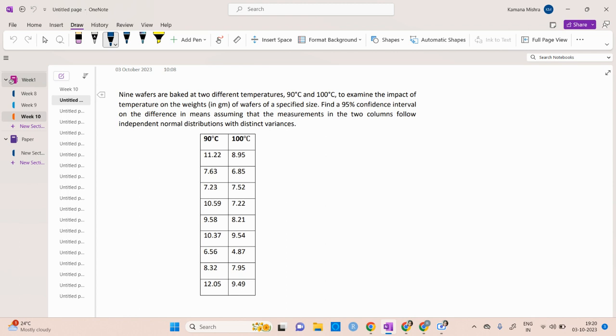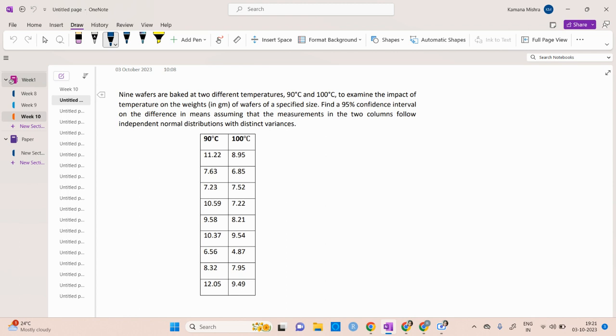Okay, so the first question given here is that 9 peppers are baked at two different temperatures, 90 degrees Celsius and 100 degrees Celsius, to examine the impact of temperature on the weights in grams. Most probably there is a weight change, and there can be different reasons for it.